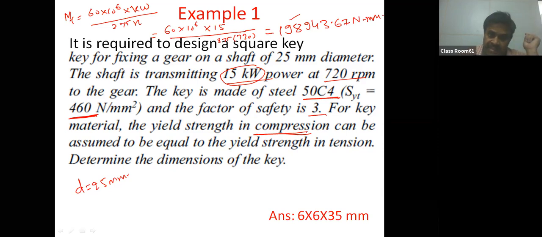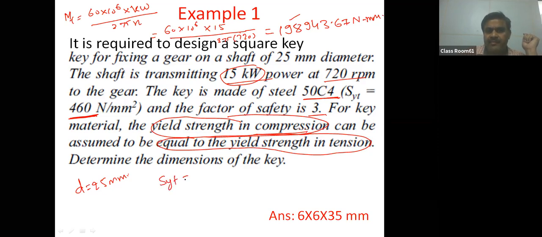In this question, this line is important: the yield strength in compression can be assumed equal to the yield strength in tension. So if our S_YT is 460, it means our S_YC, the yield strength in compression, is also 460 because it is mentioned in the question. So S_YC is 460.